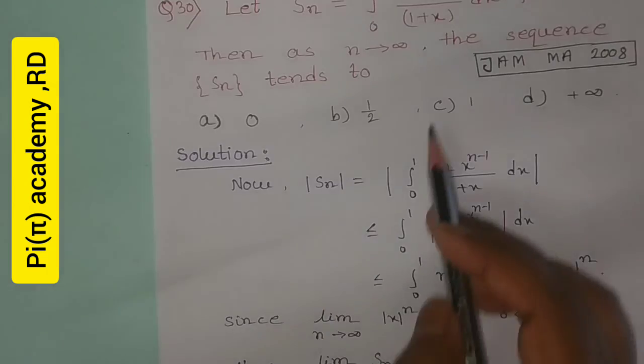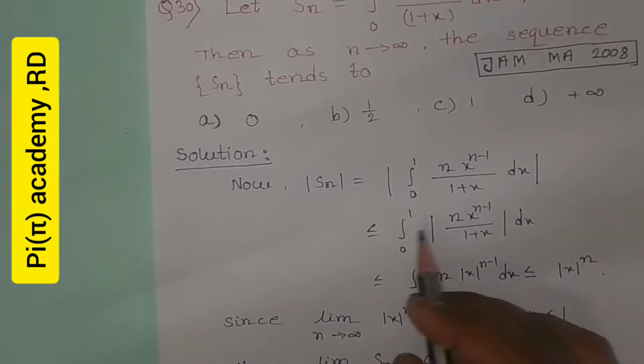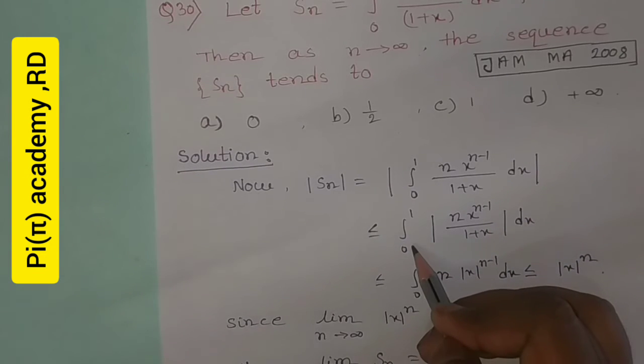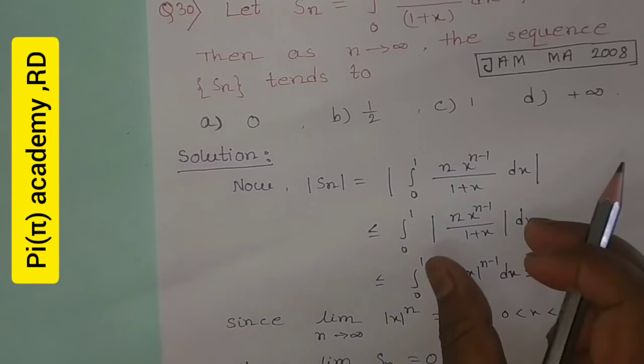It is given that the value of Sn is this, and we know that the mod of the integral of f(x) dx is less than or equal to the integral of mod f(x) dx.